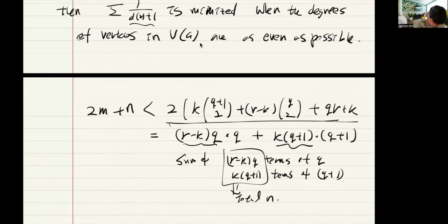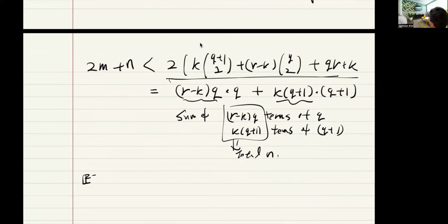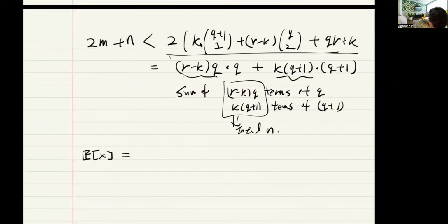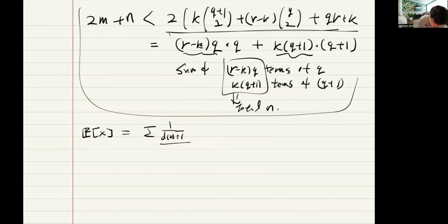So from that, what we know? This is minimized when they are as equal as possible. And then this total sum is this. We don't allow non-integers, so everything is integer. Then we have an inequality here.